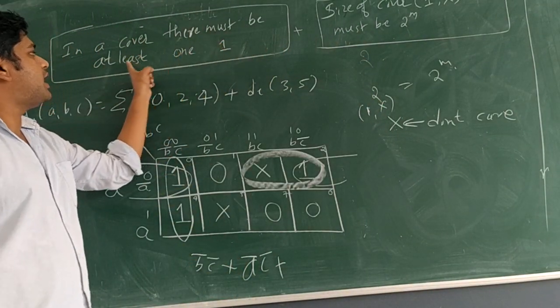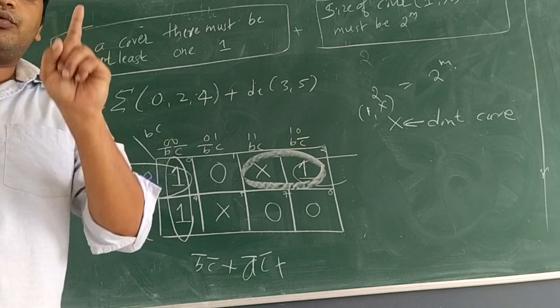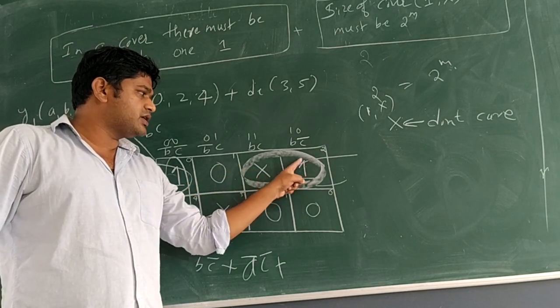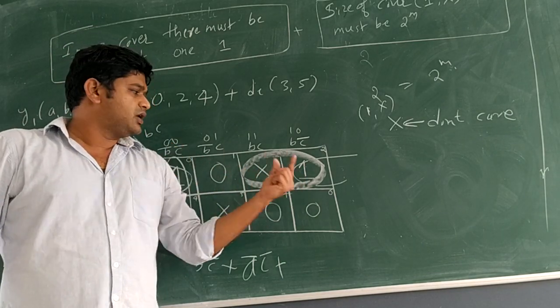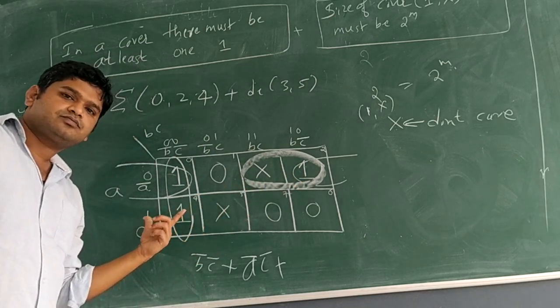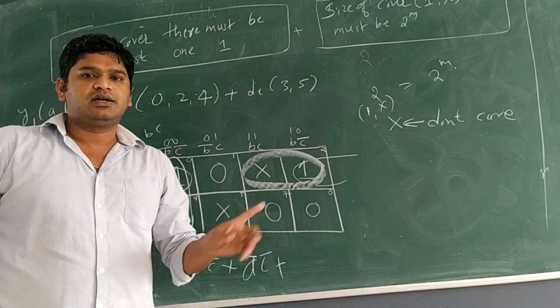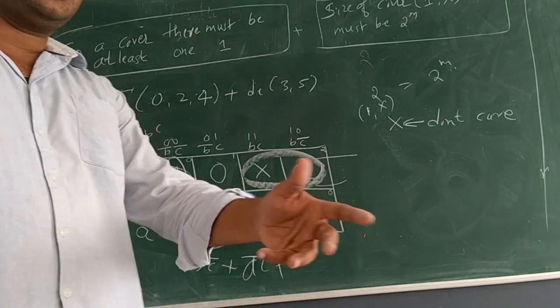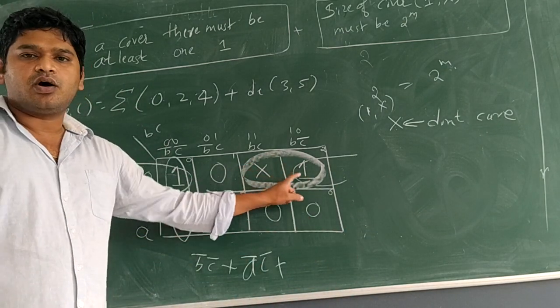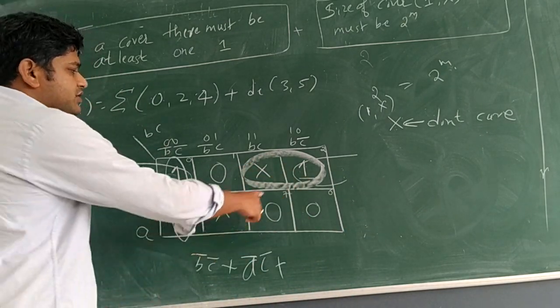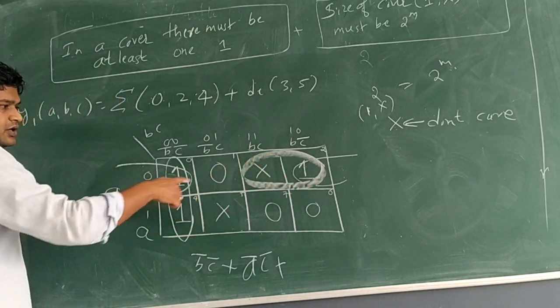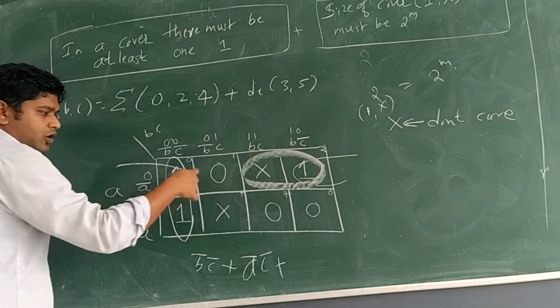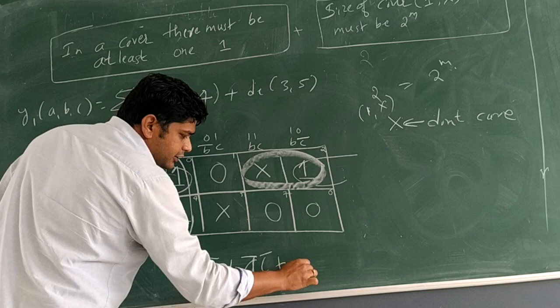There must be at least one 1. See here, how many ones are there? 1. At least there can be 2 or more. When we go for higher size covers, I will solve a problem, you will get to know. Okay, this is now one possibility. So now let us write the cover for this. See this one, horizontal cover, hence it is A complement.